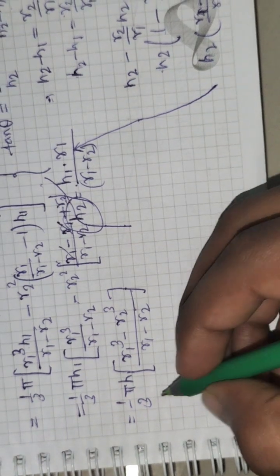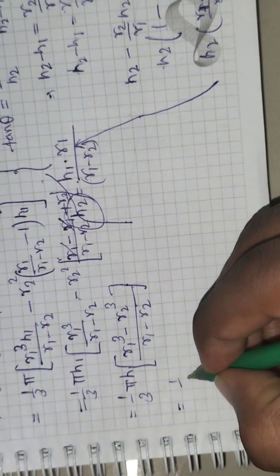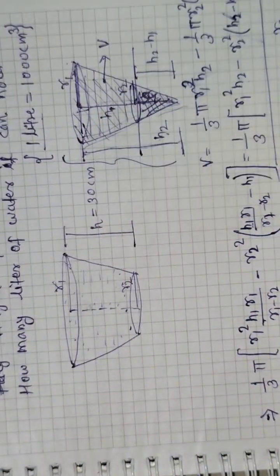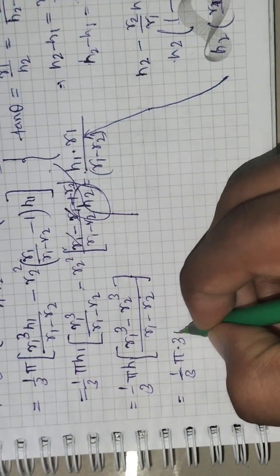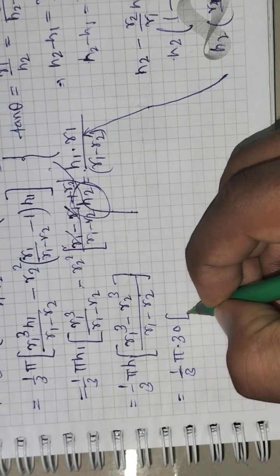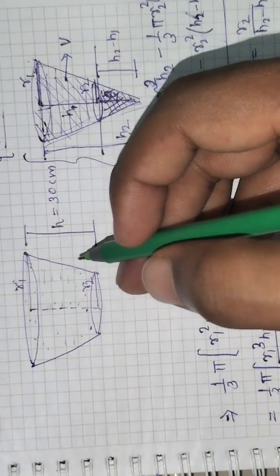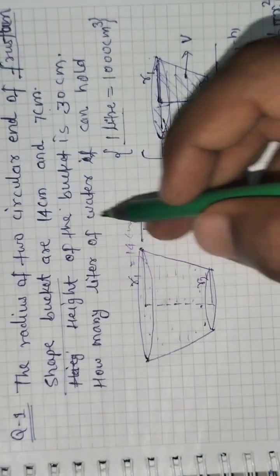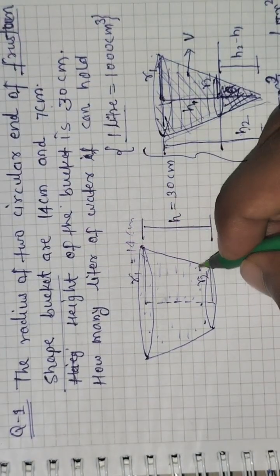So if we put the values: 1 by 3 pi, h1 is given 30 centimeter, and r1 is given 14 centimeter. Guys, here in the question you can see, and this is 7 centimeter.